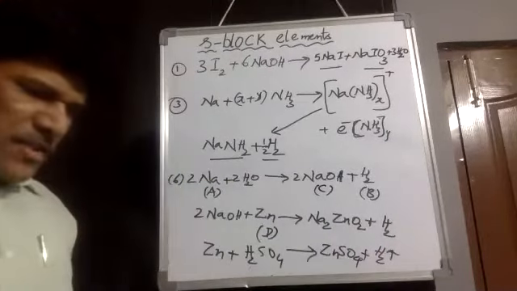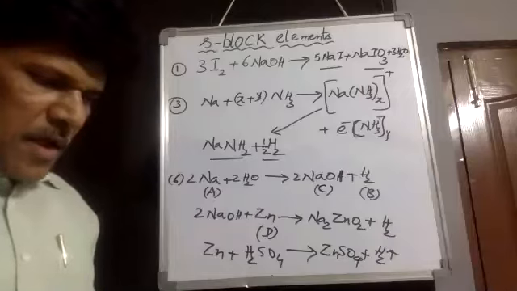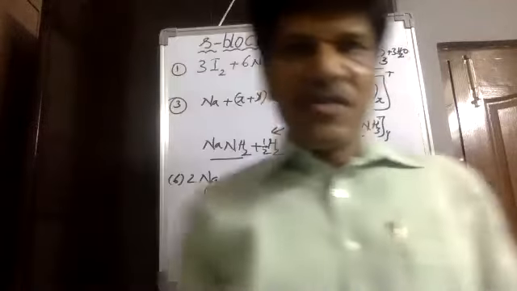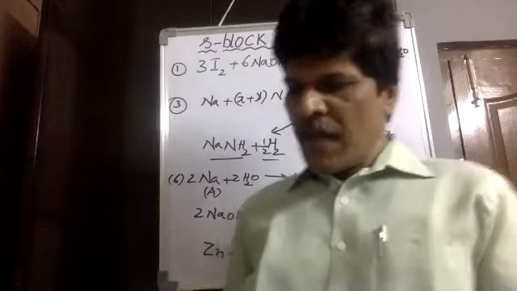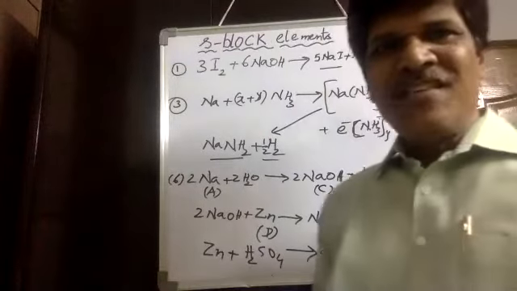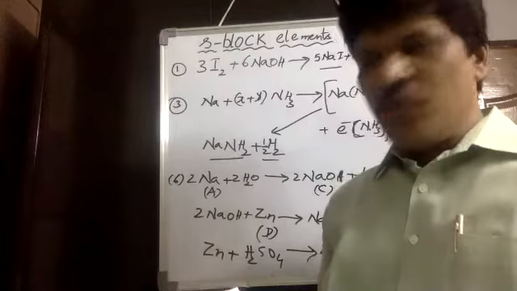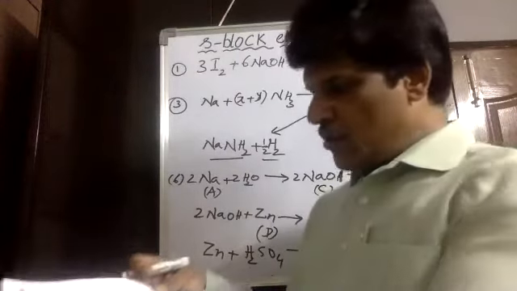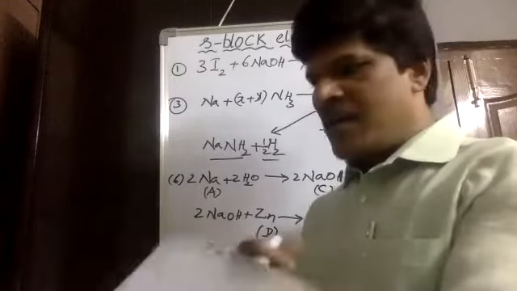This shows that the compounds A, B, C, D in option B are correct. That is sodium, hydrogen, sodium hydroxide and zinc. Those four components we observe in option B. So therefore, sixth question, option B is the correct answer.